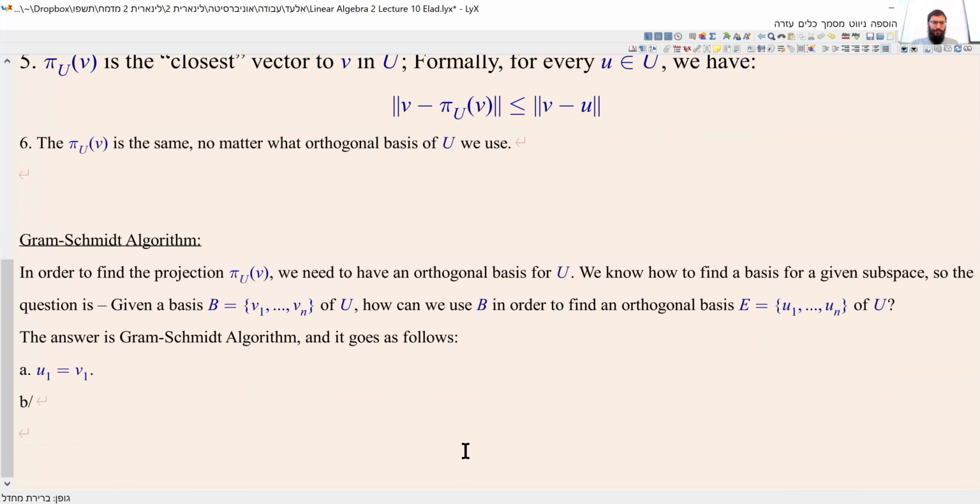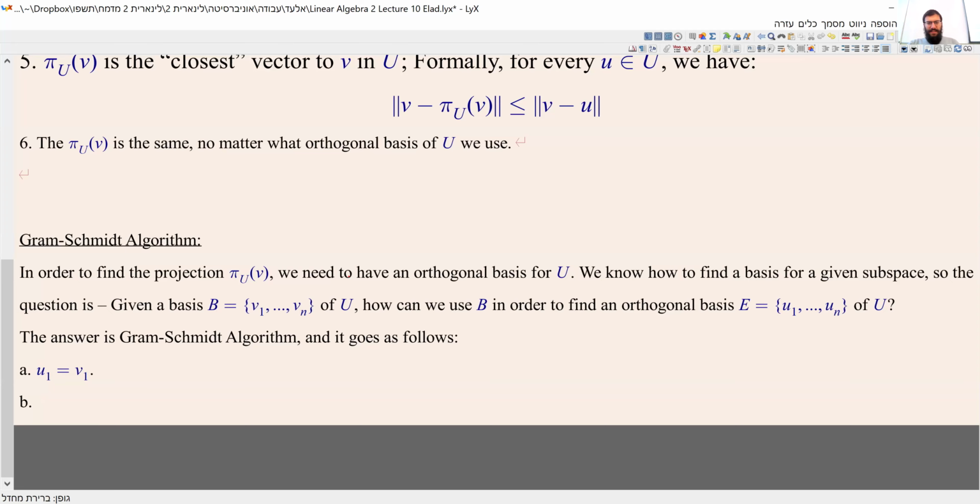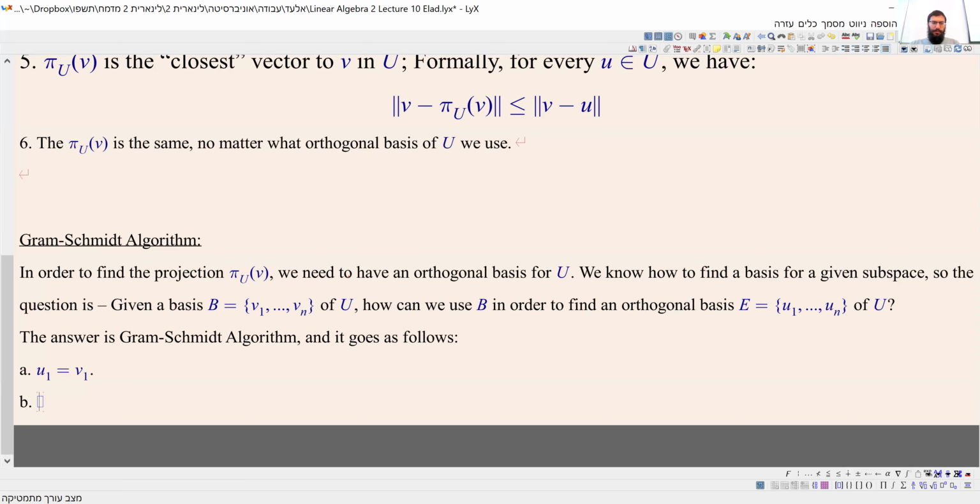Now, the second vector of the orthogonal basis, let's call it U2, is the projection over the span of U1 of the vector V2. No, it's not just the projection, excuse me.